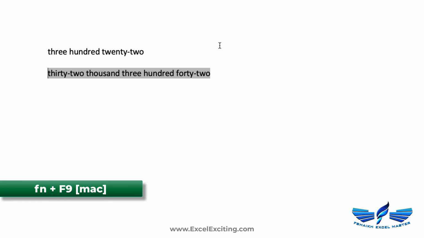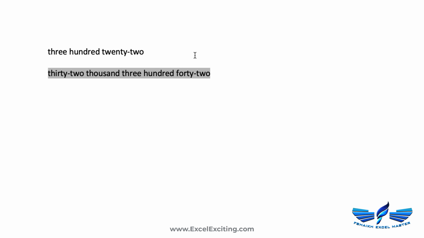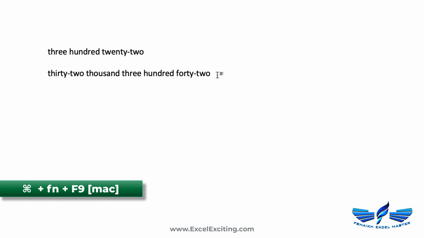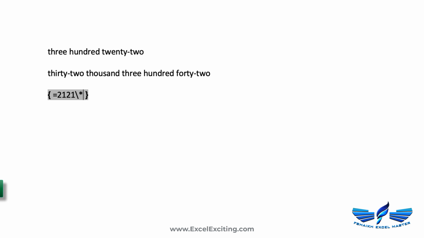Now as we can see, everything is in lowercase, and if you would like to activate uppercase, then all you have to do is press the Command key, Function key and F9, and activate those curly brackets. We have that number over here, backslash cardtext, again backslash this time, and put the star and put upper, and press Function key and F9.